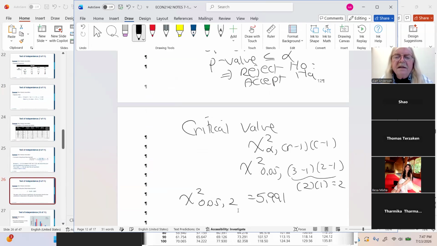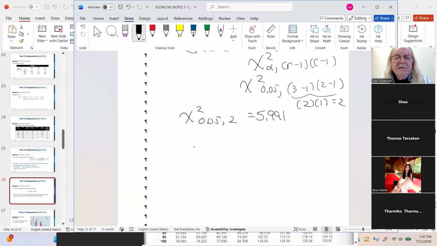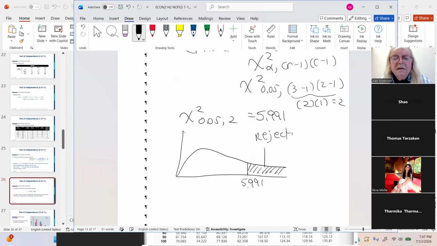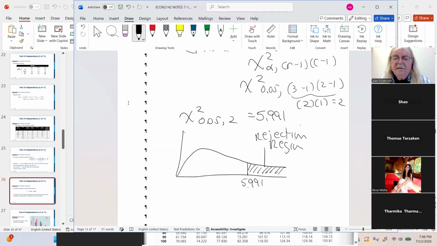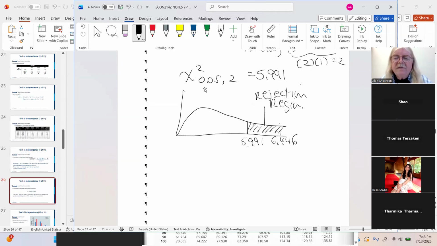And so, of course, that means that our rejection region is anything to the right of that. Remember, we did say this is a right-tailed test. But since we found our test statistic to be 6.446, that, of course, puts us in the rejection region.